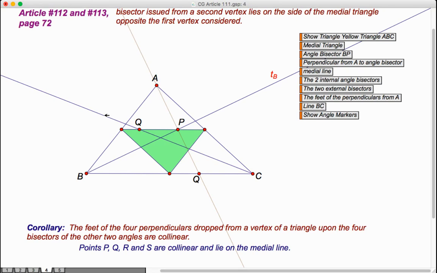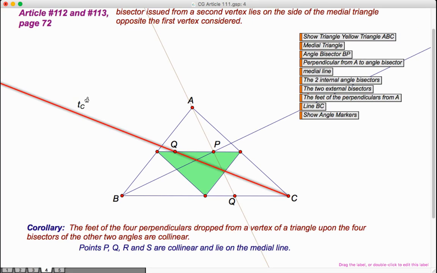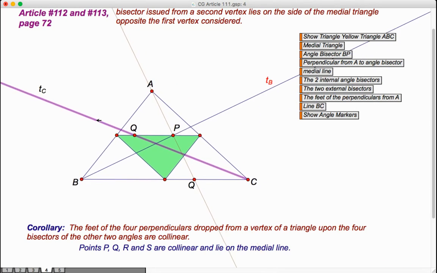Now, where is T sub B here? There you go. Let's make the label somewhere here. So this is the angle bisector from vertex C, and this is the angle bisector from vertex B. If I consider the foot of the perpendicular from here to here, it will pass through P, and therefore point Q will also lie on the medial line, or on the side of the medial triangle.